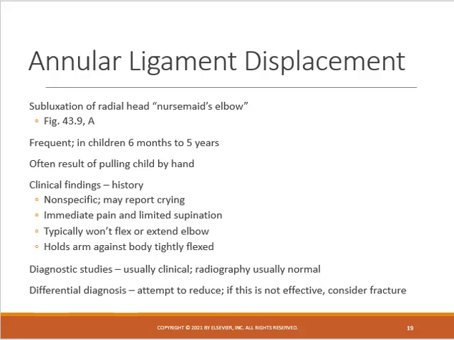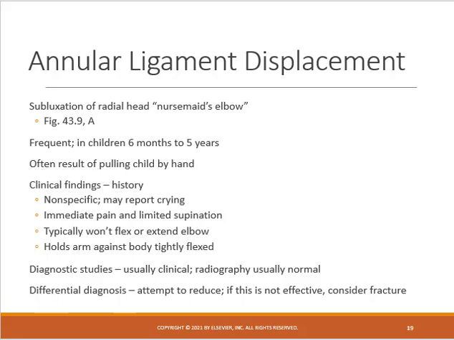Let's next talk about annular ligament displacement, previously described as subluxation of the radial head and frequently called the nursemaid's elbow, and it's an injury that's common between 6 months and 5 years. It occurs when traction is applied to the arm of the young child, which is most often the result of pulling the child by the hand or grasping the child's hand to prevent a fall or lifting up by the arms.